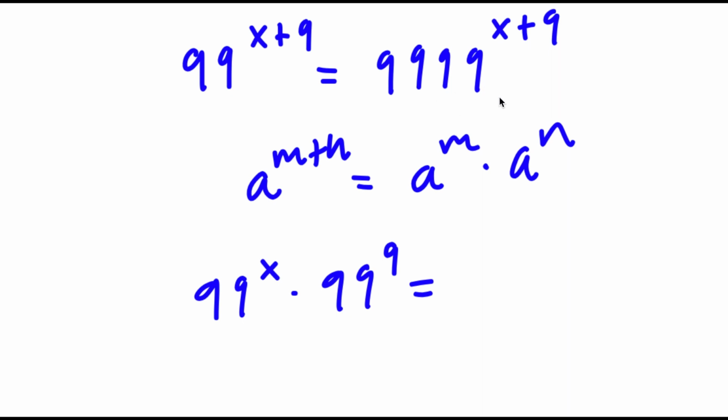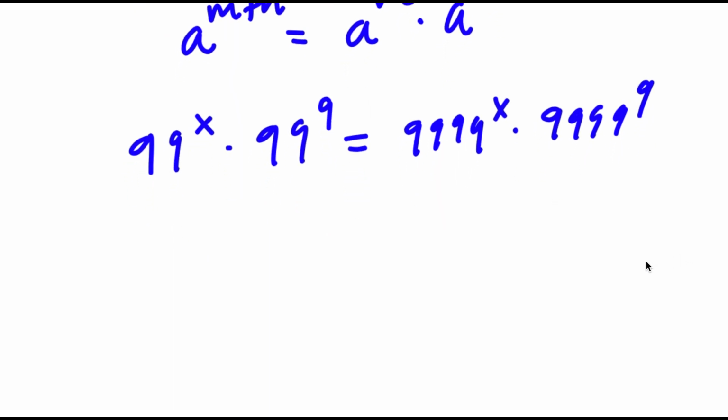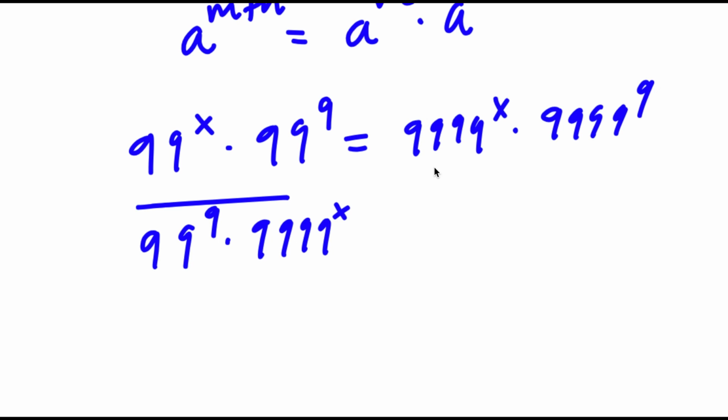And 9,999 to the power of x plus 9 is going to equal 9,999 to the power of x times 9,999 to the power of 9. Now I'm going to divide both sides by 99 to the power of 9 times 9,999 to the power of x.